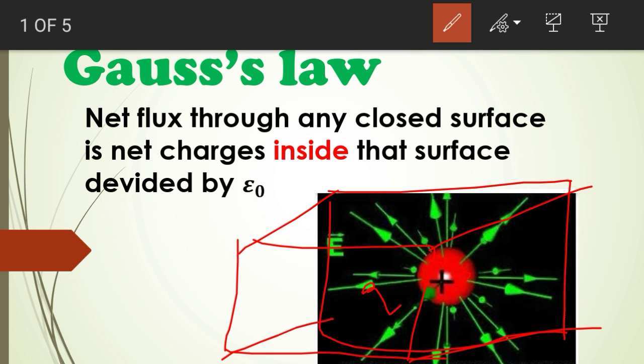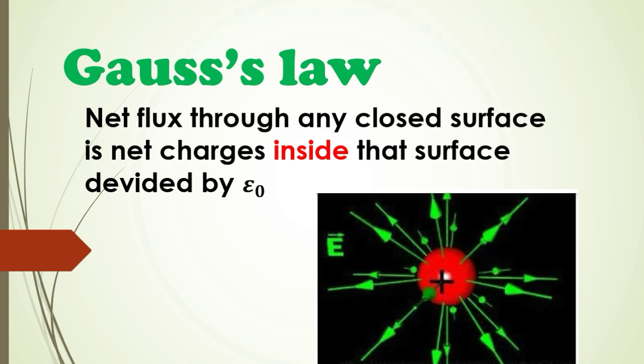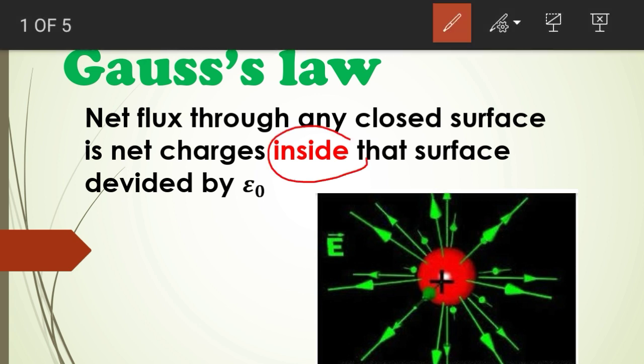If the charge is inside the surface, then the total flux linked to the surface will be equal to q divided by epsilon 0, right? So this is the Gauss law: if you consider any closed surface, the total flux linked with that surface will be equal to the total charge inside the surface divided by epsilon 0.